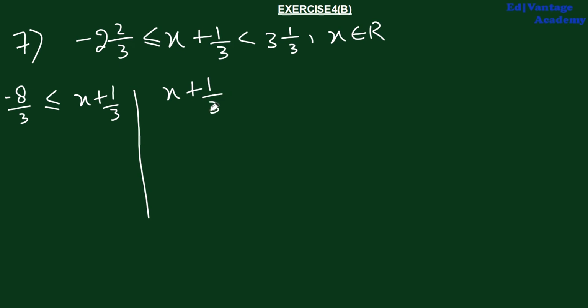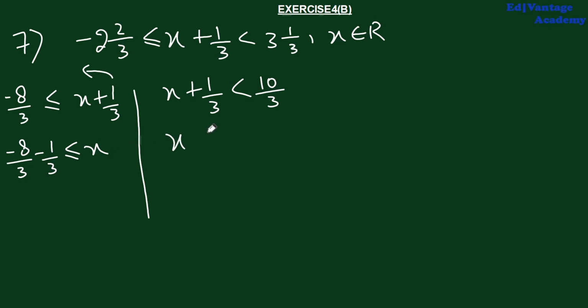Again, x plus 1 by 3 is lesser than 3 into 3, 9 plus 1 is 10, 10 by 3. So here what I can do, I can take LCM, or I can send 1 by 3 directly there. -8 by 3, 1 by 3 goes as a term, it becomes -1 by 3 is lesser than or equal to x remaining on the right side.